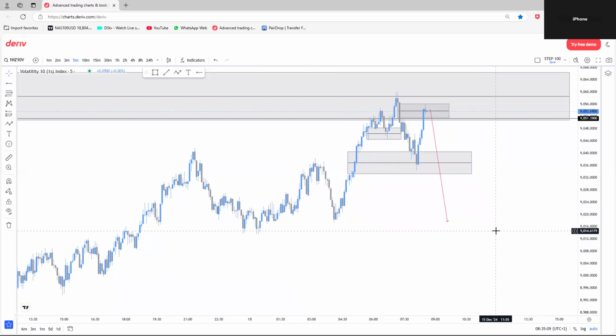So for now, just look at VIX 10 and VIX 75 and practice with Step Index. It's much easier for me to correct you on things happening on Step Index because I'm looking at it daily, no mistake, daily, daily, daily. So those are the three pairs I recommend.